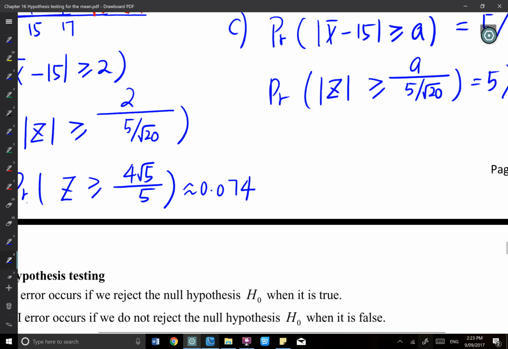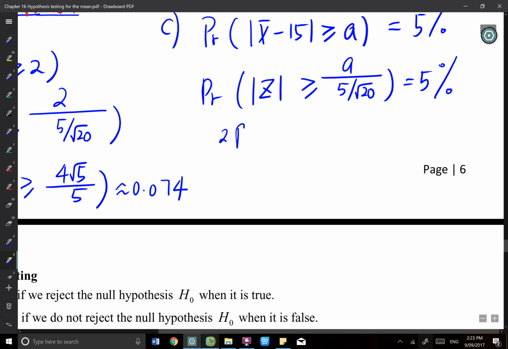So what I need to do is two lots of the probability Z greater than 2a root 5, I think, equals 0.05, like 5%.